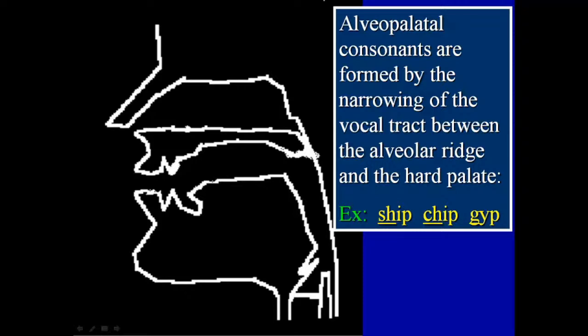These are formed by narrowing of the vocal tract between the alveolar ridge and the hard palate, but we raise the blade and part of the front of the tongue there. So these are the sounds sh in ship, ch in chip, and j in jip.